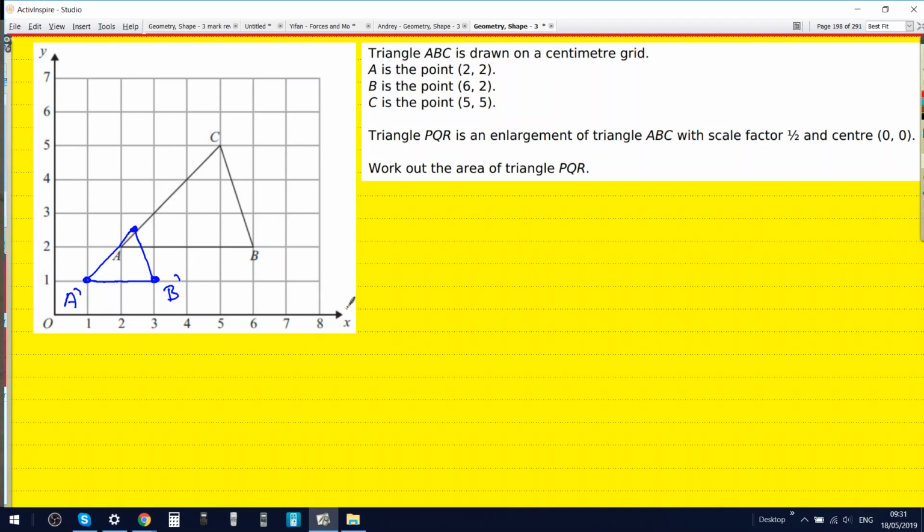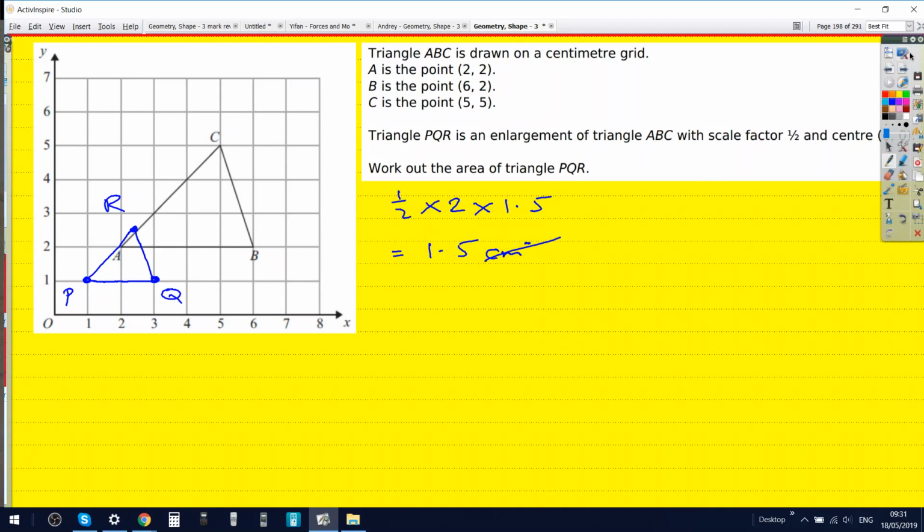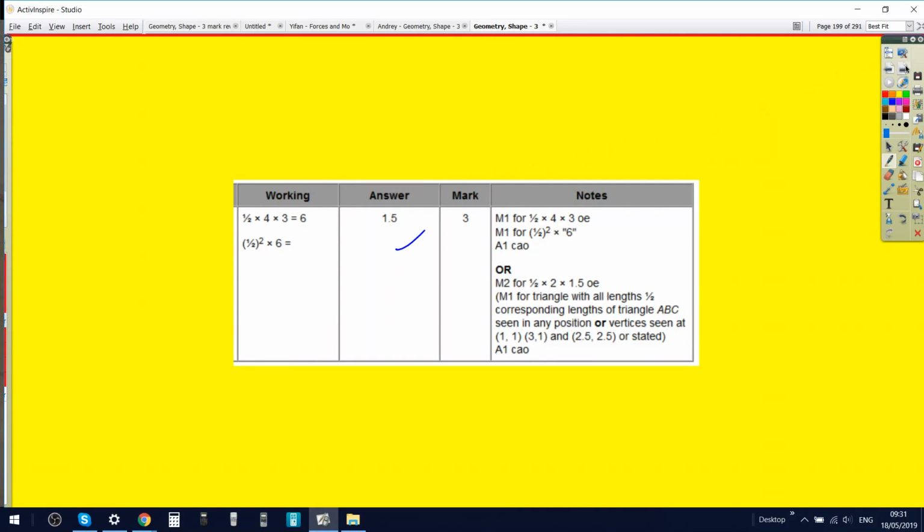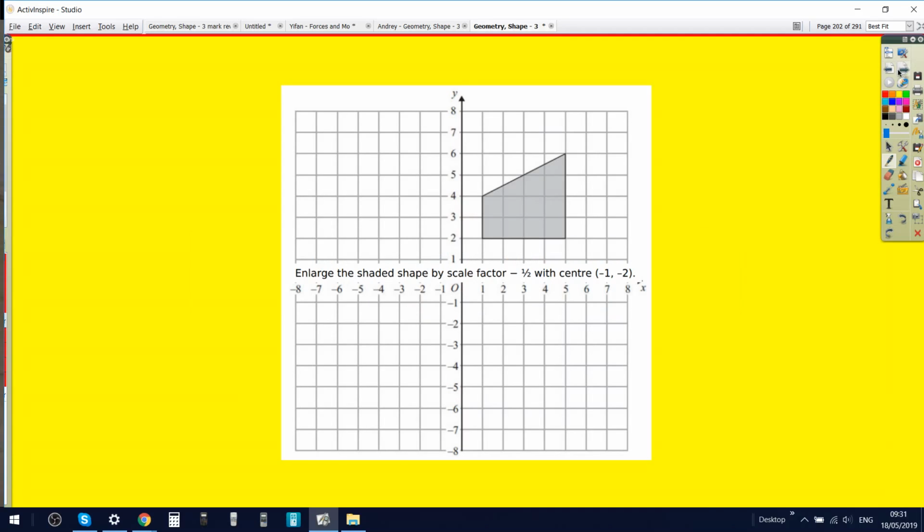And what did they ask for? The area of triangle PQR. Oh, sorry, they called it PQR. Okay, so what's its area? Is it 2 times 1.5 divided by 2? Yeah. And so 3. Or what? No. 1.5. 1.5. Yeah. Oh, well, it's not centimeters squared, just whatever square units. 1.5. Well done.